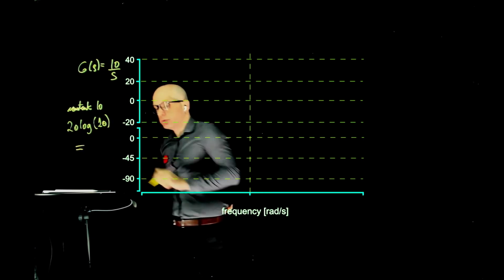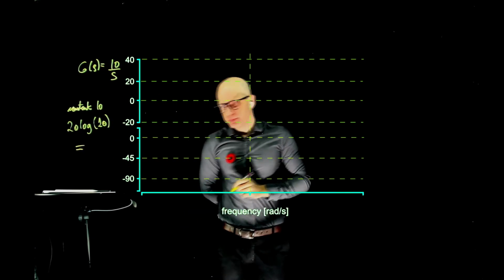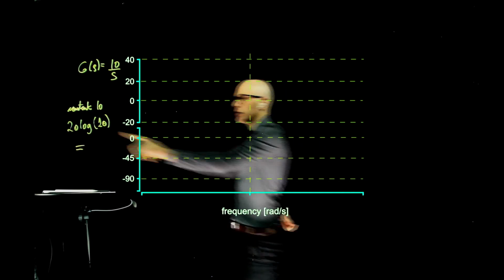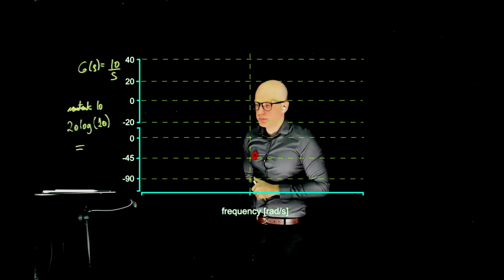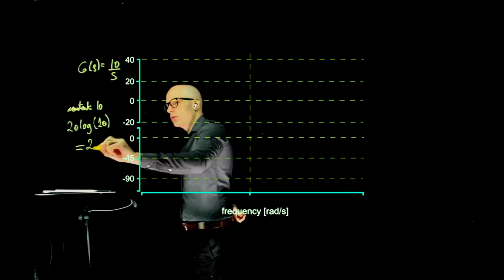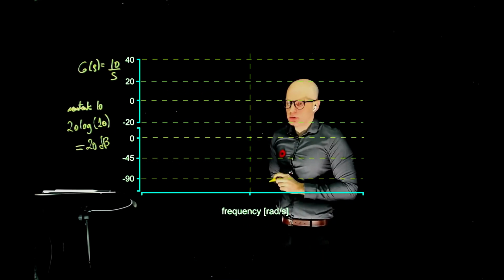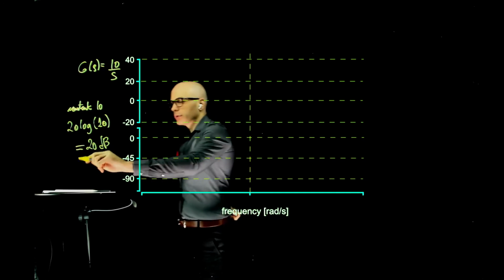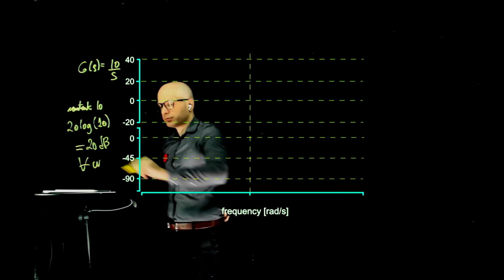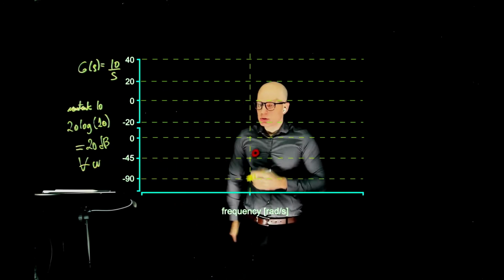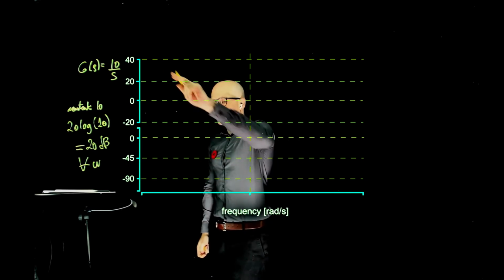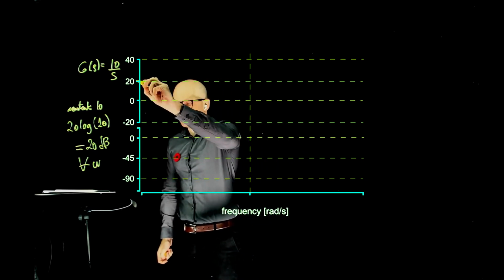And this is equal to log 10 of 10, which is 1. That's equal to 20 dB, decibels. And this is for all frequencies. So on the Bode plot, this is going to be a nightmare to draw here.